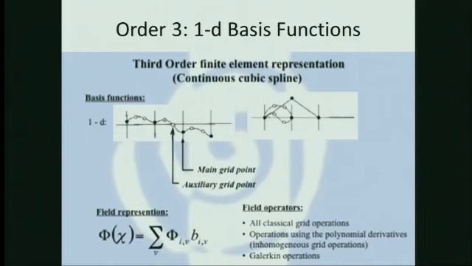So the field representation is a sum over basis functions. The basis functions are here this hat function, quadratic and cubic contribution. And of course, once you have this representation, if you have a differentiation, it's obvious how you differentiate the functions.